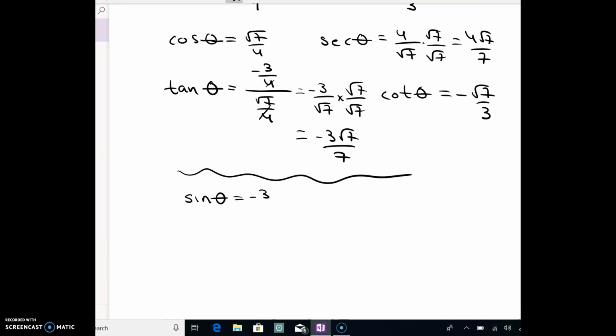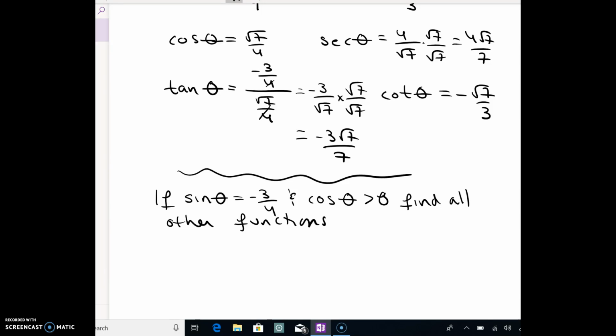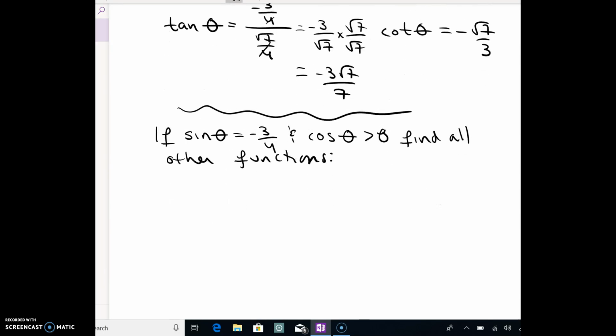If sine of theta is equal to -3/4 and cosine of theta is positive, find all other trig functions. Now, remember when we talked about Princess SOHCAHTOA, we know that sine is equal to opposite divided by hypotenuse.